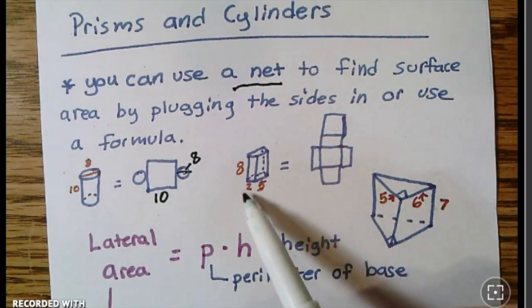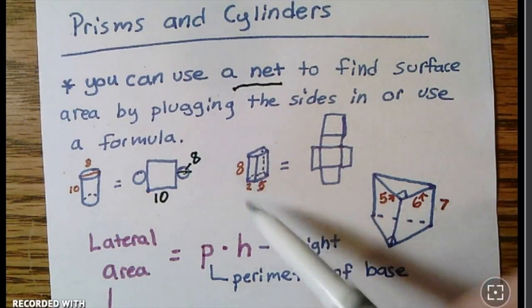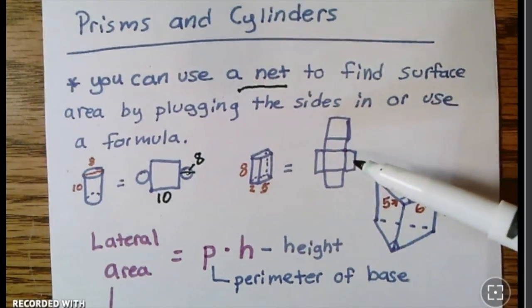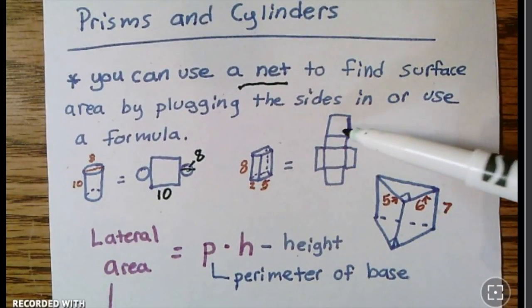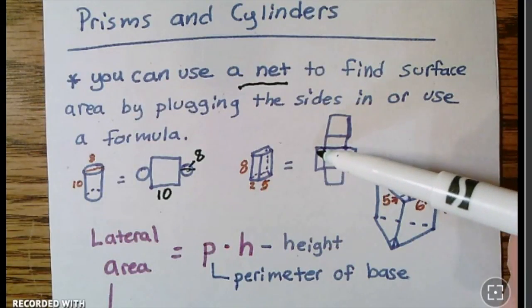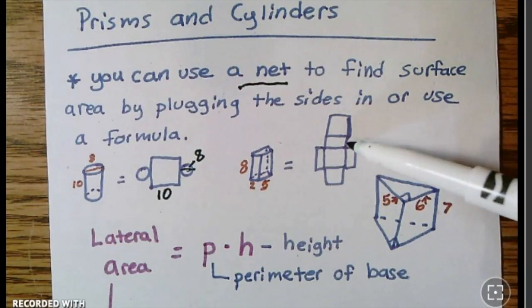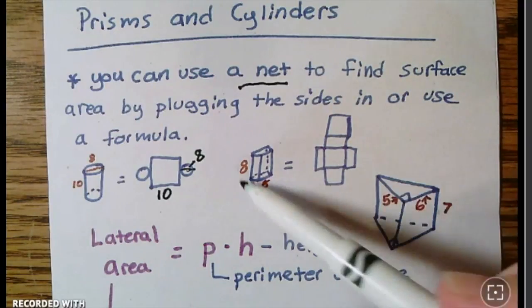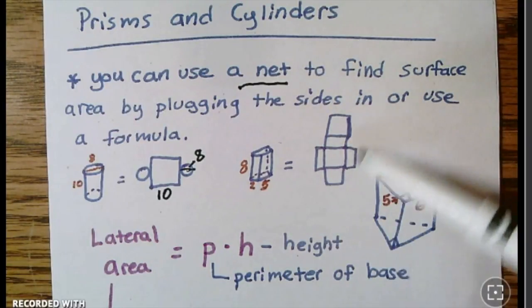For a prism, I would draw it like this. So the prism net looks like there's two big squares or rectangles, then there's two little rectangles, and then there's two rectangles out to the side. Okay, and then I could take this picture and write in my numbers over here.